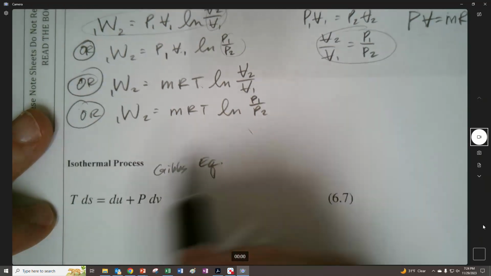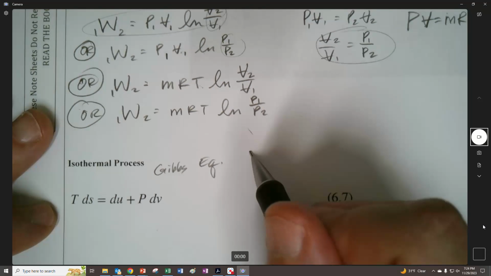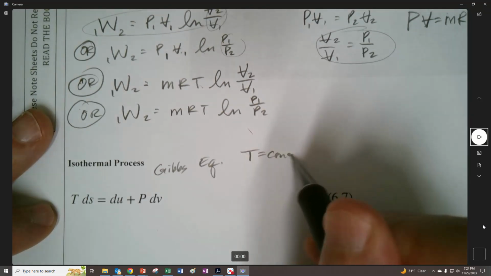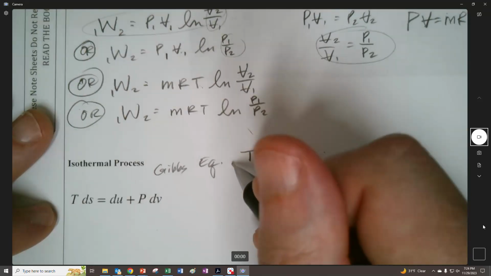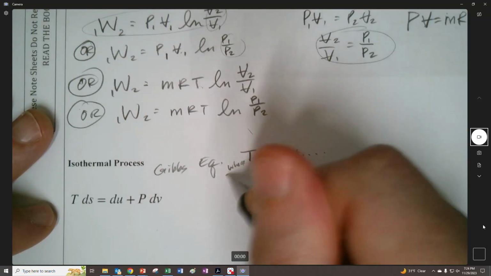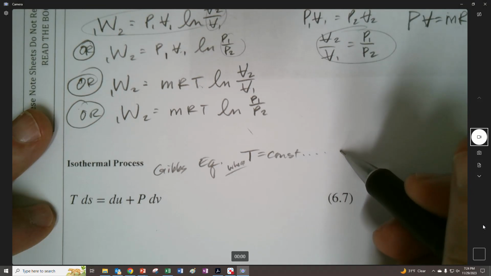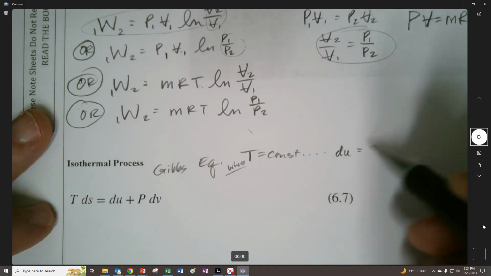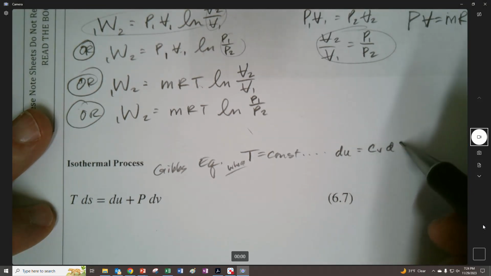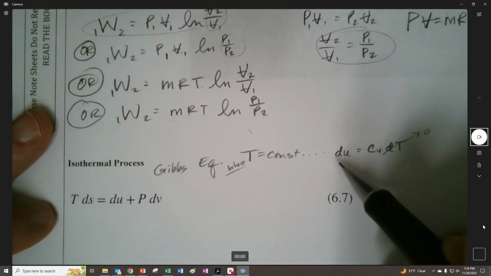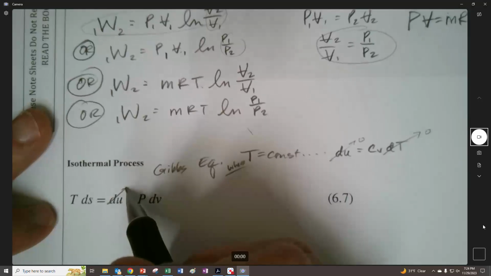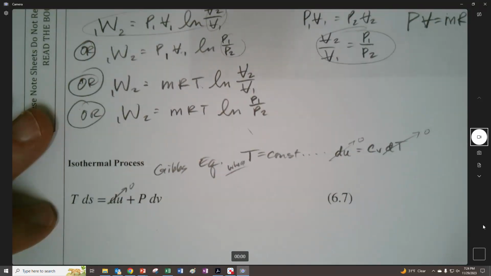And if it's an isothermal, if T is equal to constant, remember we have du equal to cv dT as a definition. So if dT is 0, so is du, so that goes to 0 right there.